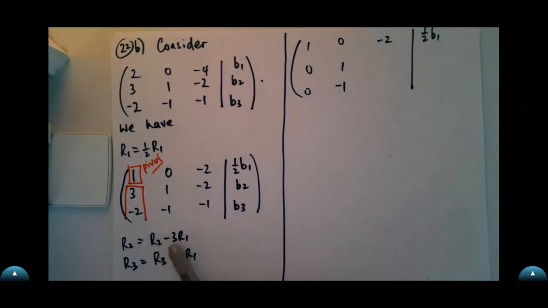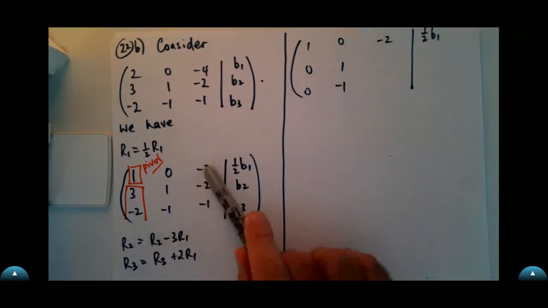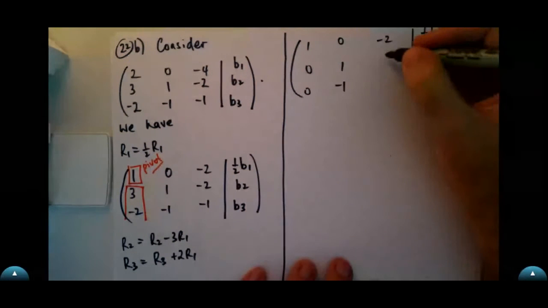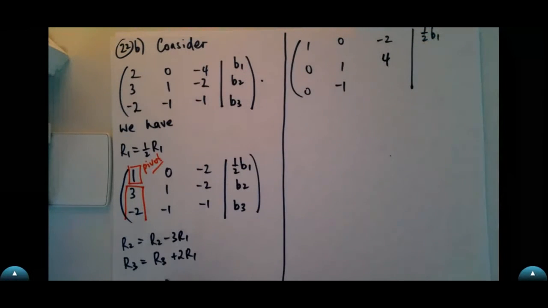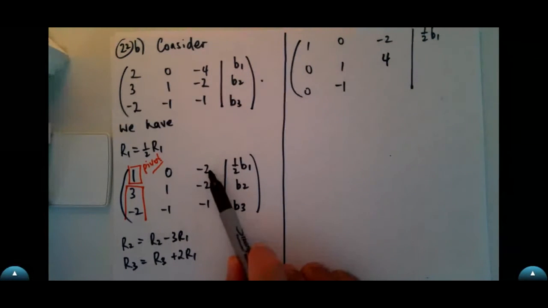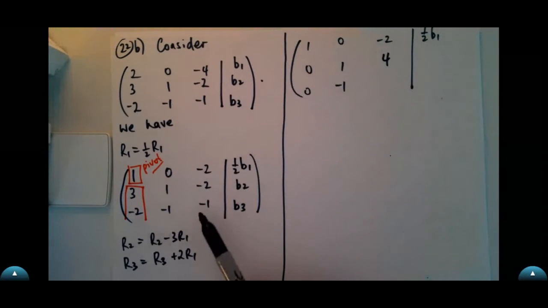So that's not going to affect this or this. Okay, so row 2 minus 3 row 1. So that minus negative 6. So it's going to be negative 2 plus 6, which is 4. Okay, row 3 plus 2 row 1. So negative 1 plus 2 times negative 2.